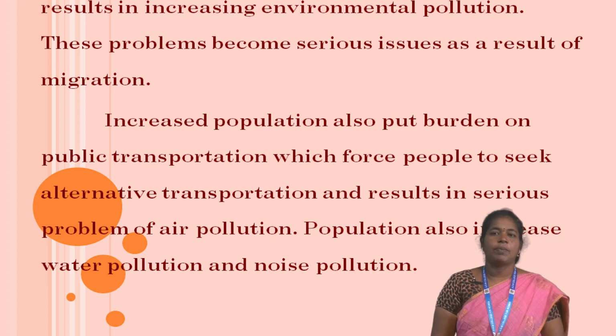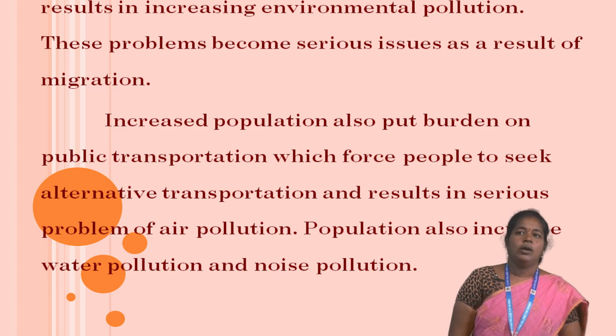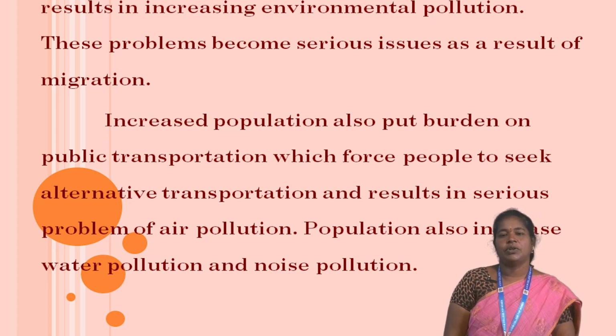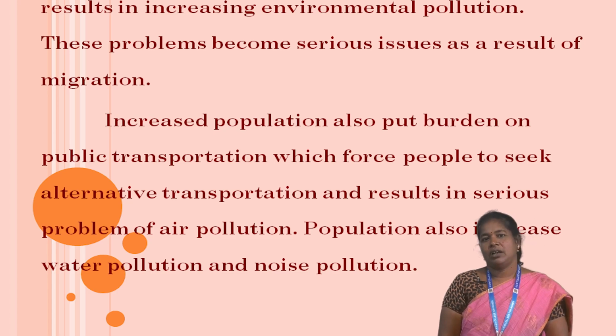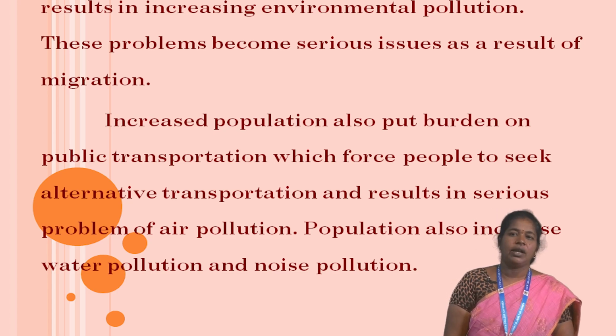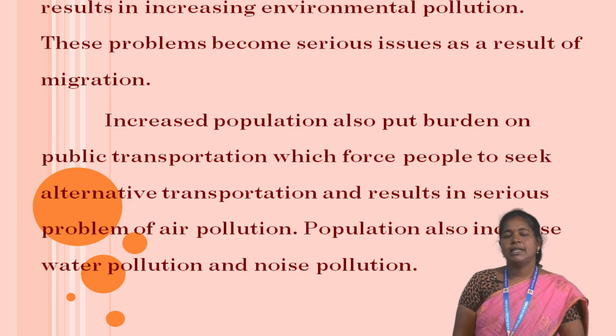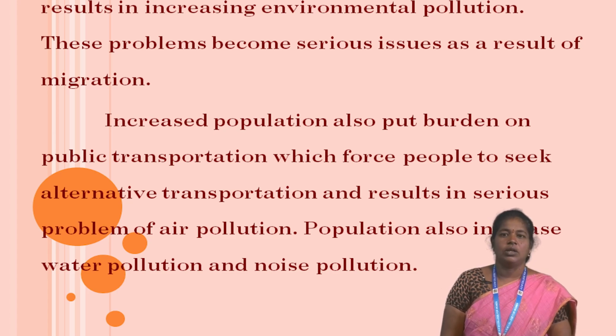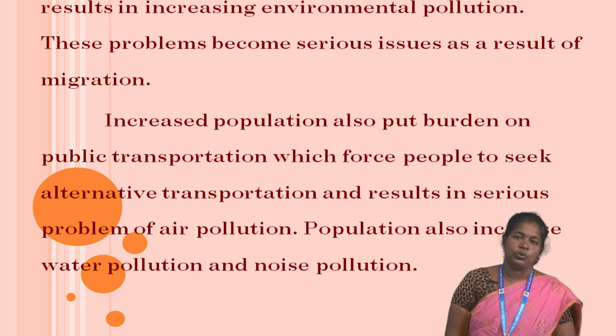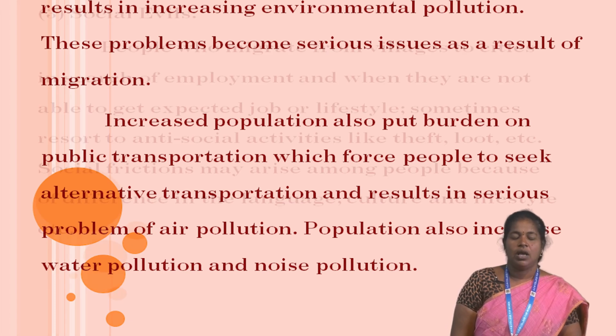The increased population also puts a burden on public transportation, which forces people to seek alternative transportation and results in the serious problem of air pollution. The population also increases water pollution and noise pollution.